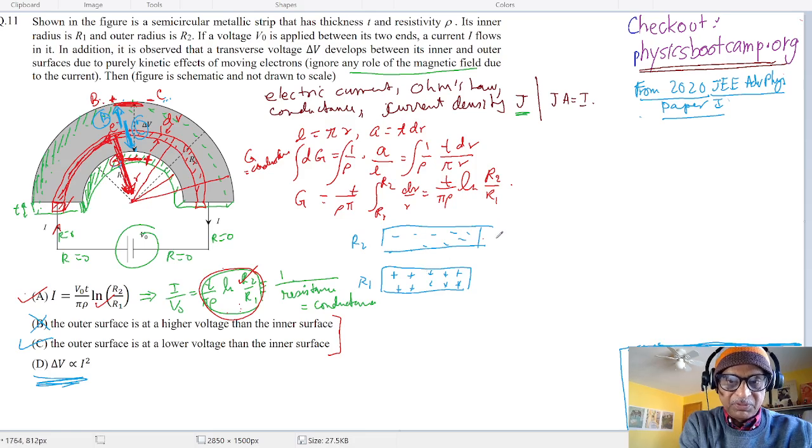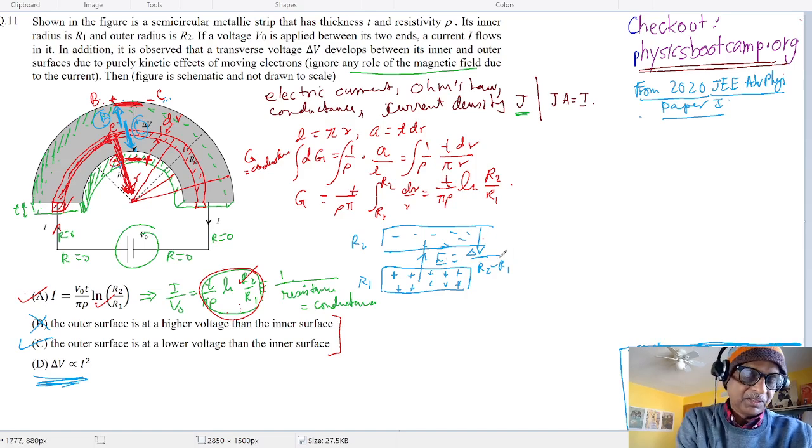If the voltage difference between them is delta V, then the electric field is delta V over R2 minus R1, which is the distance.